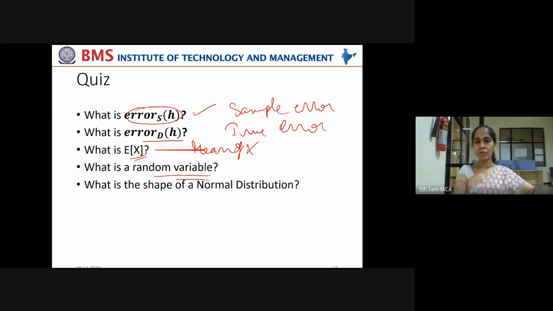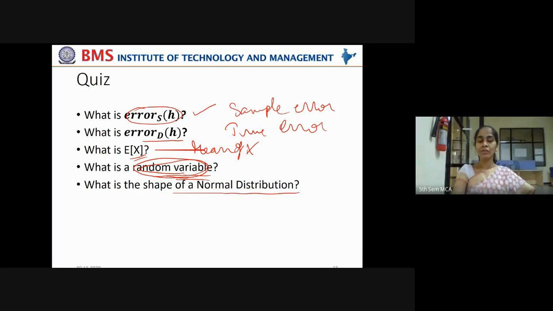Can you predict the outcome of a random variable? Yes or no? No. We can't predict the outcome of a random variable with 100% confidence. We can't deterministically say with confidence that this would be the outcome of a variable. In that case, we call it a random variable.